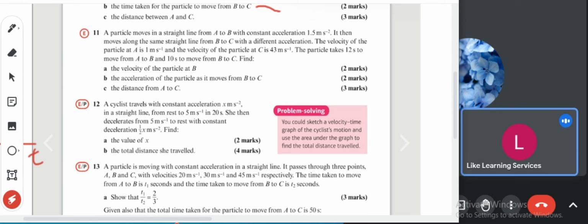That's it, because a is equal to v minus u over t. v is 5 minus u, which is 0, over 20. So just 5 over 20 for x. That's to find x. And then with the value of x, you have it for the second part of the motion, and just do your s equals ut plus or whatever equation. Yeah.